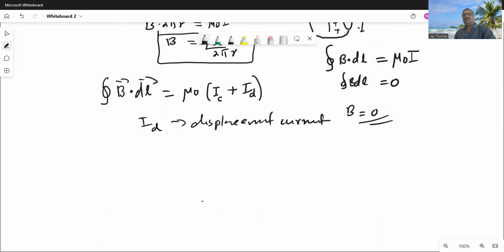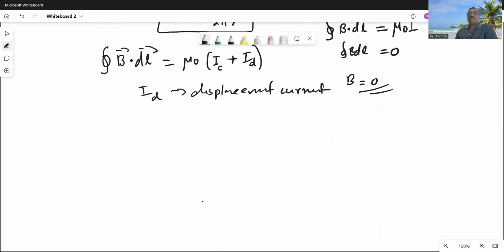Now we are going to find out the equation for displacement current. Consider capacitor plates, which you learned in the first chapter. There is an electric field between the plates. What is the electric field between the plates of a parallel plate capacitor? From the application of Gauss's theorem, the electric field between two oppositely charged plates is sigma by epsilon 0.